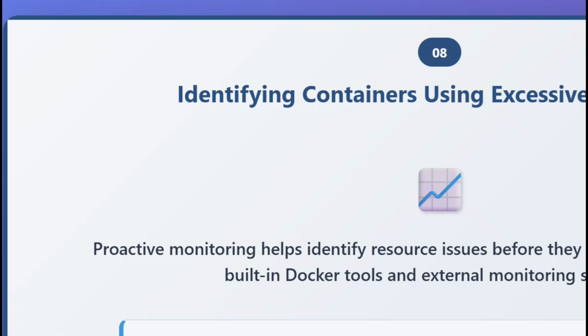It isn't after crashing and checking monitoring and logs; before that itself we are alerting. This proactive monitoring helps to identify the resource usage before it causes system failures, using built-in Docker tools and external monitoring solutions also. Let us see what options or features there are.